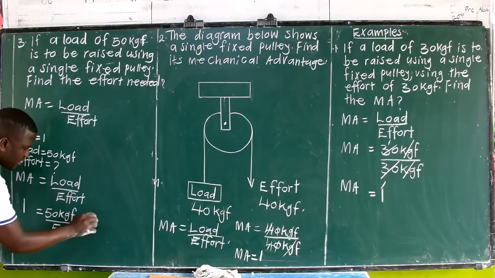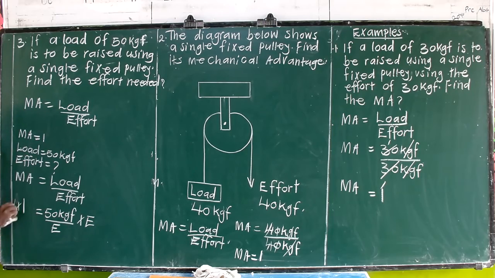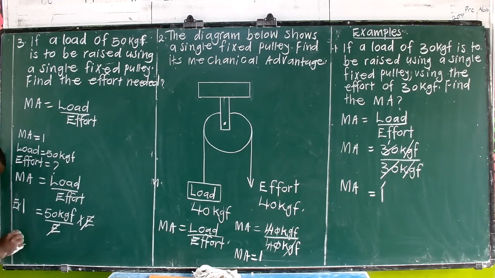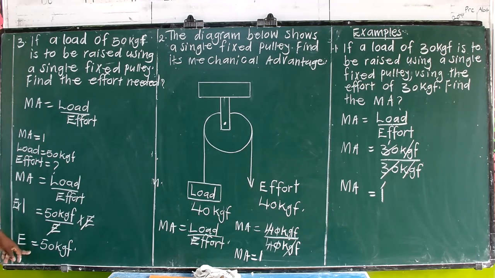We multiply both sides by E. E cancels with E. 1 times E, we get E. Then we remain with 50 kilogram force, and that would be the effort.